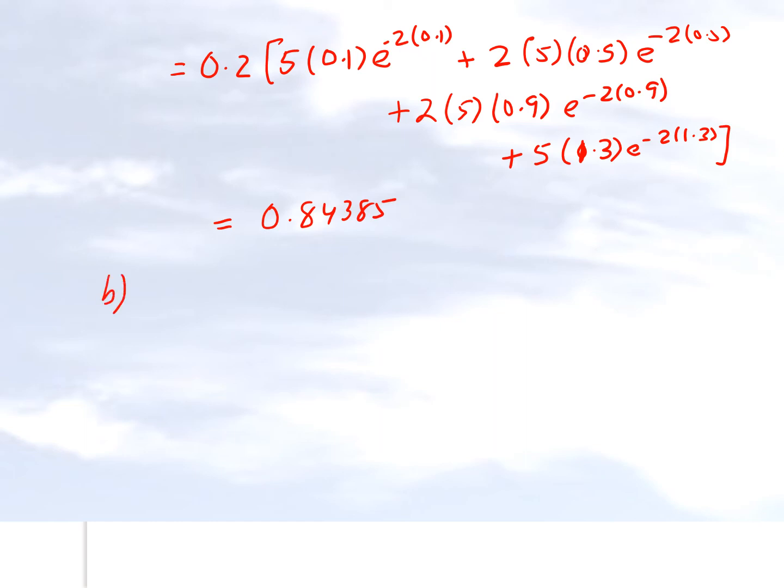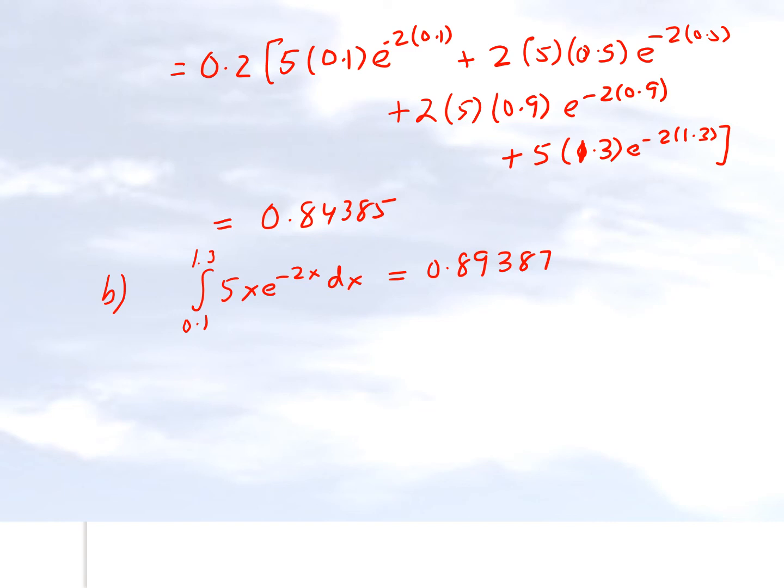Now to compare it with the exact integral from 0.1 to 1.3 of this particular integrand, it turns out to be 0.89387. You can do it as homework; all you have to do is use integration by parts.